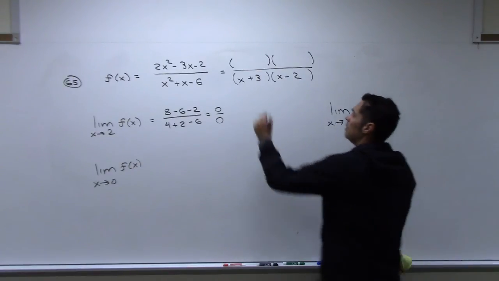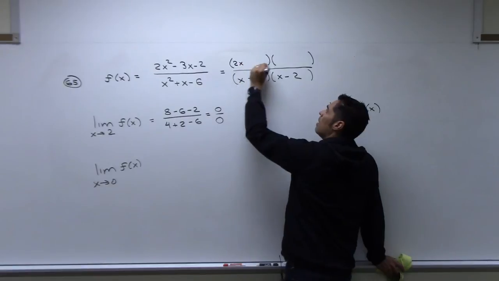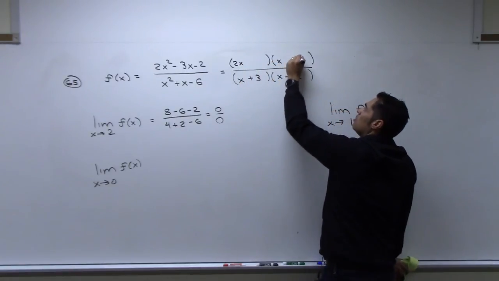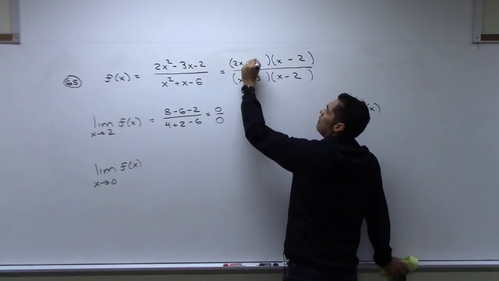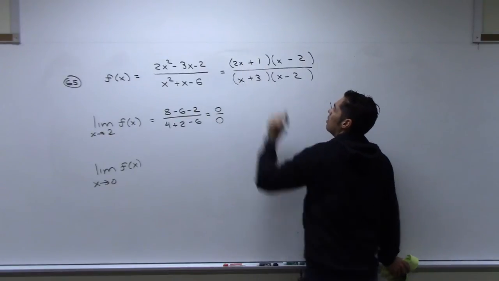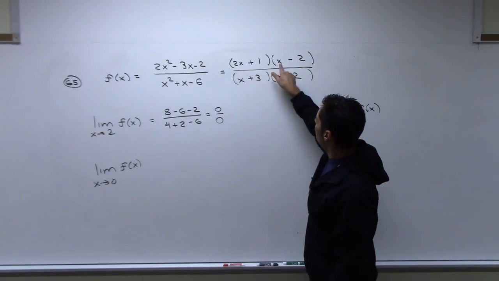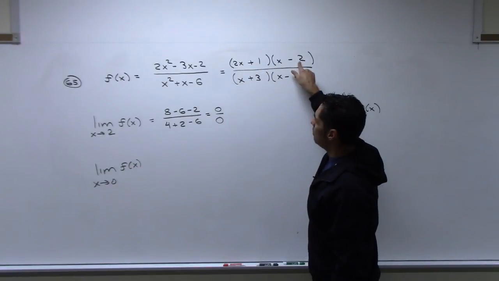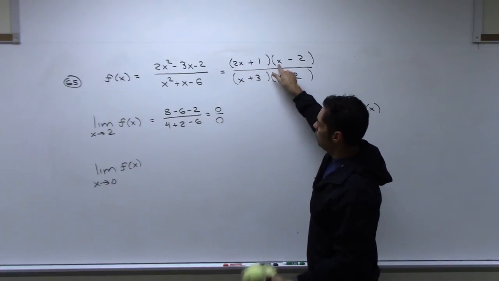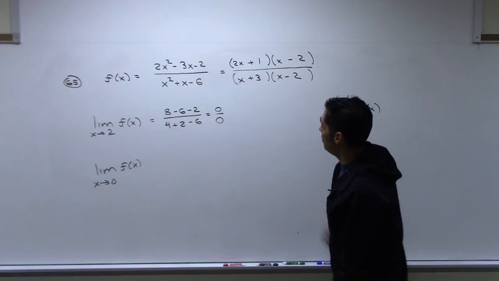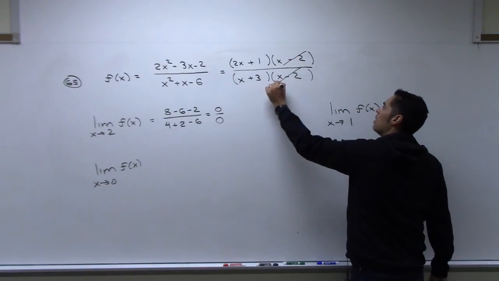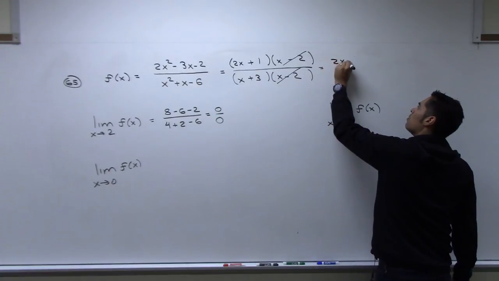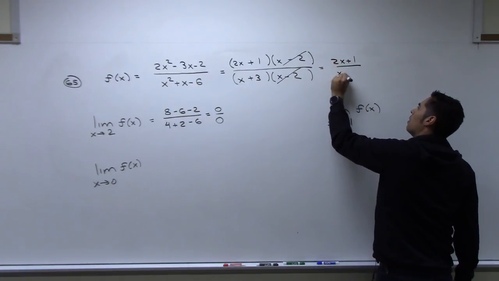The top is going to be 2x and then x, and then 2 here should be minus 2 and plus 1 here. So let's just double check that. We get 2x squared minus 4x plus x, which would be minus 3x, and then minus 2. So yes, that's it. And that's a great thing because these cancel. And all you're left with is 2x plus 1 over x plus 3.